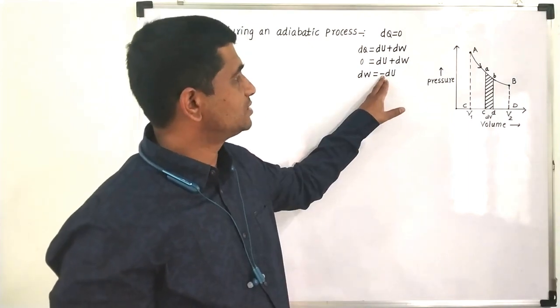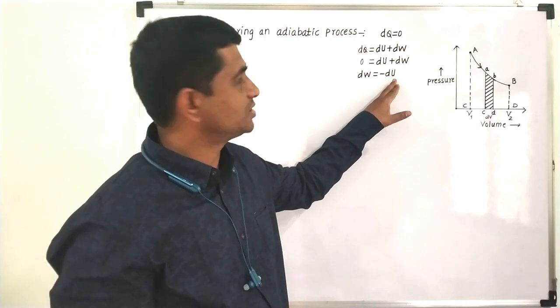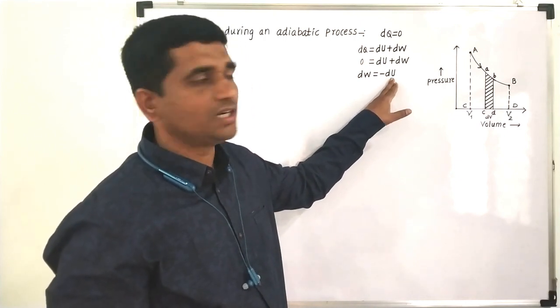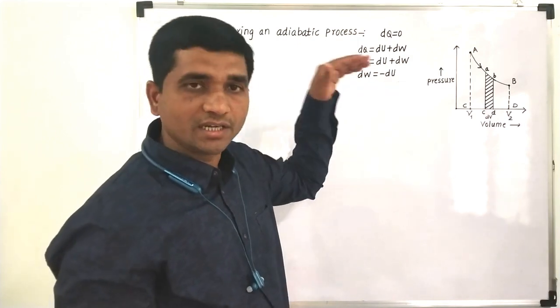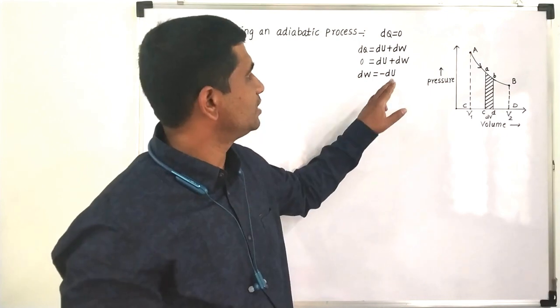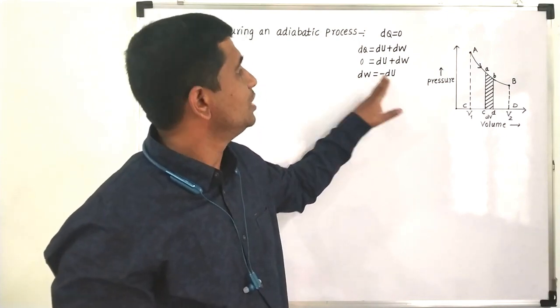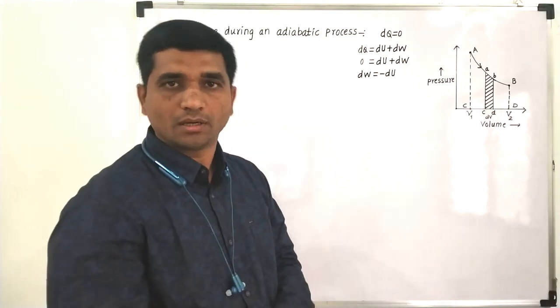As this negative sign comes from the first law of thermodynamics, the change in internal energy is negative, which means the internal energy is decreasing. Final internal energy minus initial internal energy comes out to be negative, and that energy is converted into work done.